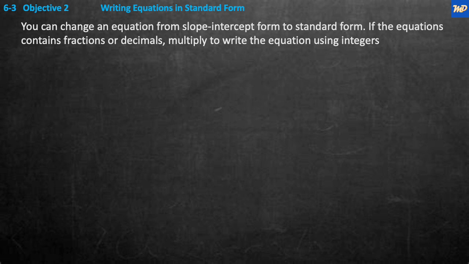If the equations contain fractions or decimals, multiply to write the equations using integers. So what we want to do is get rid of the fractions, usually with some type of manipulation, multiplication, to get rid of the fractions or the decimals. So let's take a look at that.